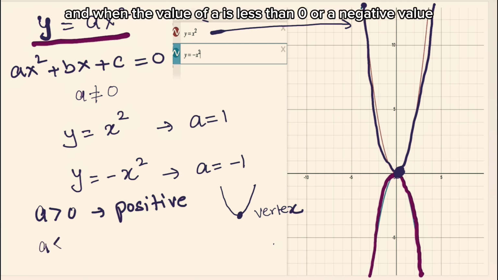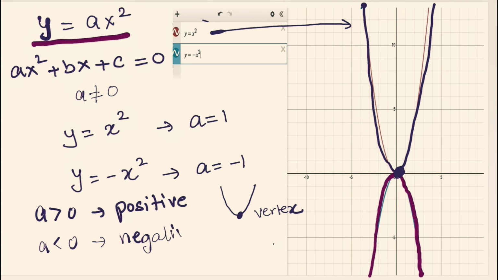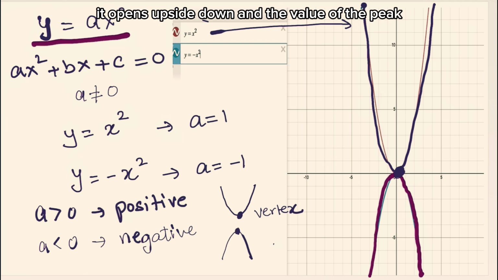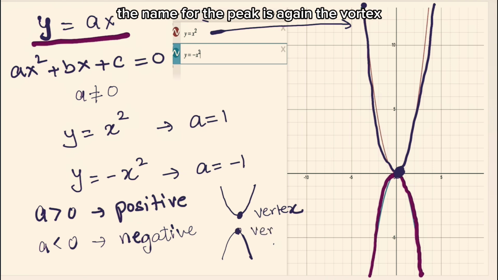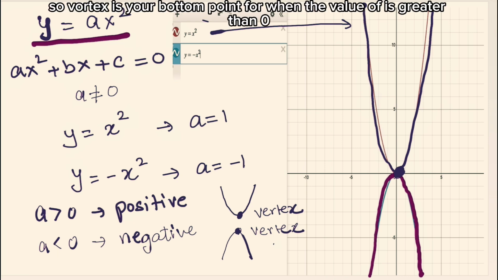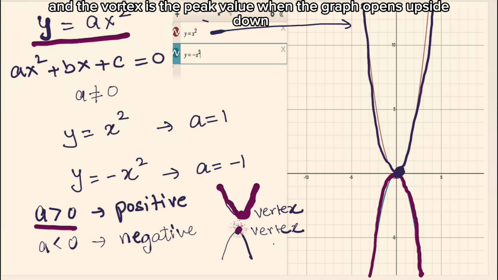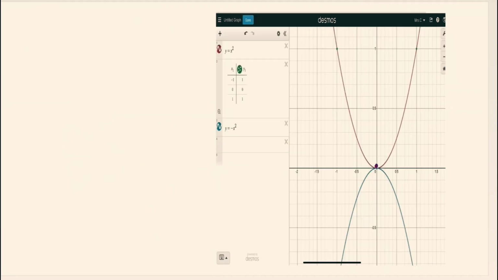And when the value of a is less than 0, or a negative value, then your graph opens upside down, and the peak is again called the vertex. So the vertex is your bottom point when the value of a is greater than 0 and the graph opens up, and the vertex is the peak value when the graph opens upside down.